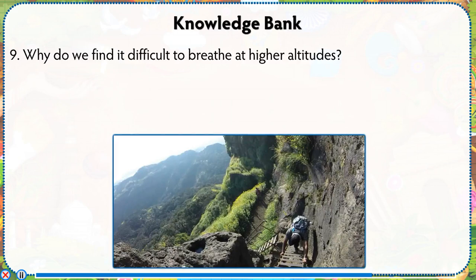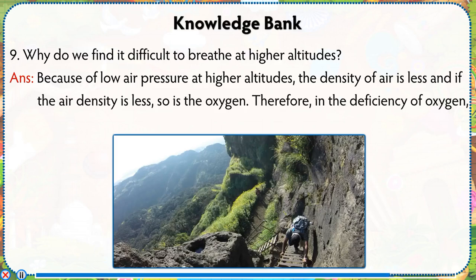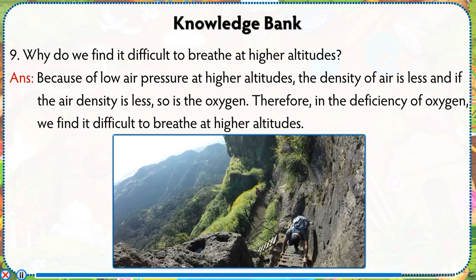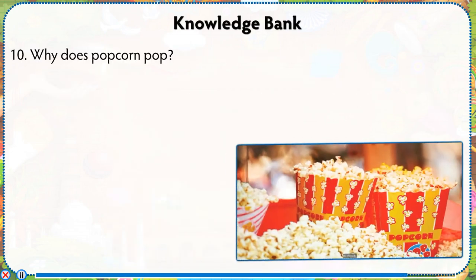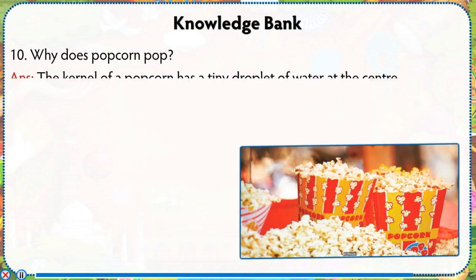Ninth, why do we find it difficult to breathe at higher altitudes? Answer. Because of low air pressure at higher altitudes, the density of air is less, and if the air density is less, so is the oxygen. Therefore, in the deficiency of oxygen, we find it difficult to breathe at higher altitudes. 10th, why does popcorn pop?